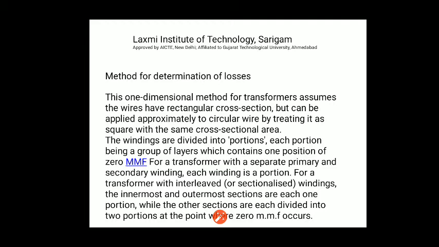Each winding is a portion for the transformer, with interleaved sections of winding. The innermost and outermost sections are each one portion, while the other sections are each divided into two portions at the point where the zero MMF occurs.